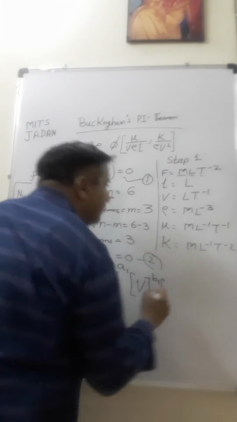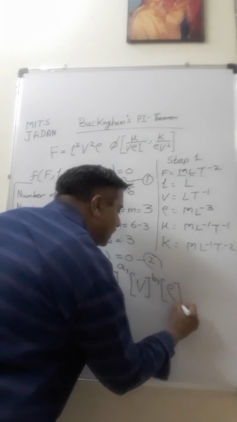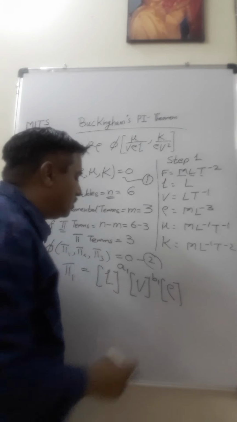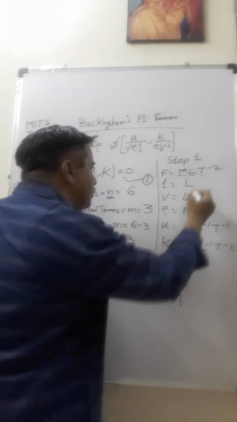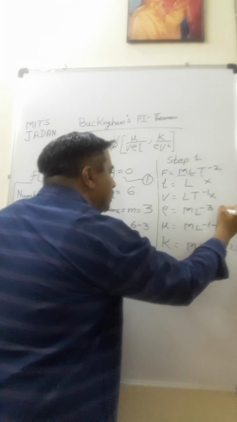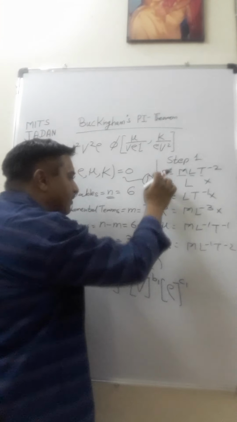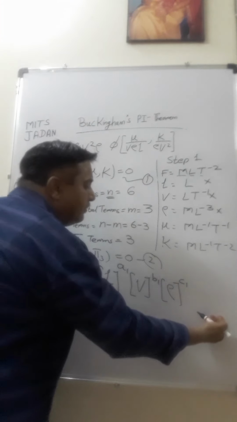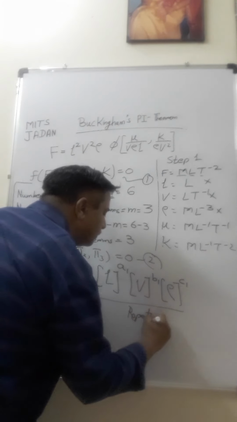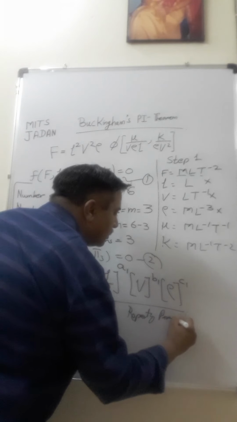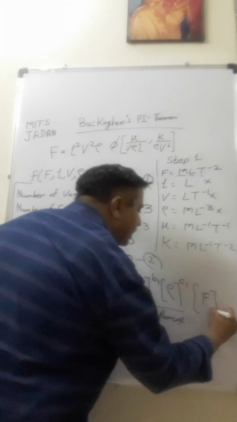Then the third repeating parameter, I am selecting density, rho, because it is the property of fluid, so I am writing here C1. These all three are repeating parameters. Since I have already used these, I have the option of selecting any one out of the remaining for my non-repeating parameter. And now I will select, say, force as the non-repeating parameter.